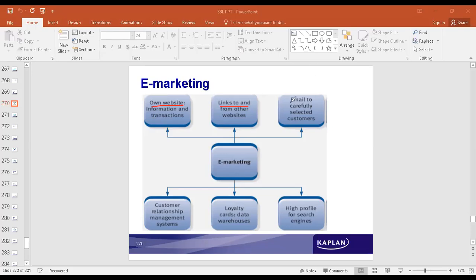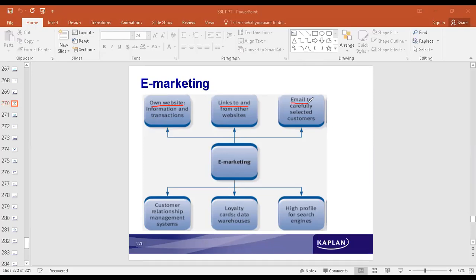They send emails to carefully selected customers. So that's one way of taking up marketing through mail. Send mails to the customers, very specifically identified, only those to whom they want to cater with their products and services are contacted through emails. So that's the third way.